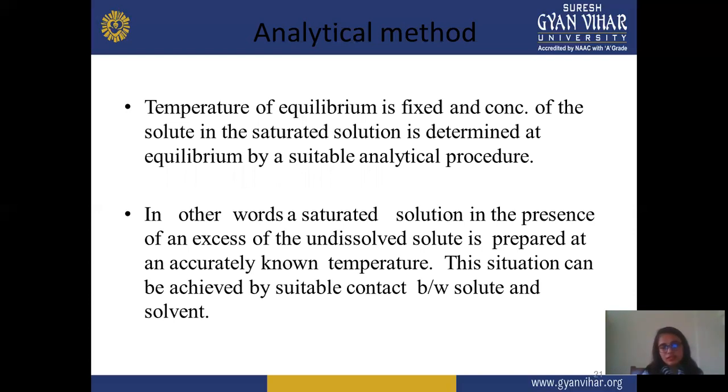dissolves at a particular condition. In this method, there is a saturated solution in the presence of excess undissolved solute at an accurately known temperature, and saturation can be achieved by suitable contact between the solute and solvent. If your drug is not completely dissolved, you add an excess amount of solute to the solvent, but still some insoluble material is present.